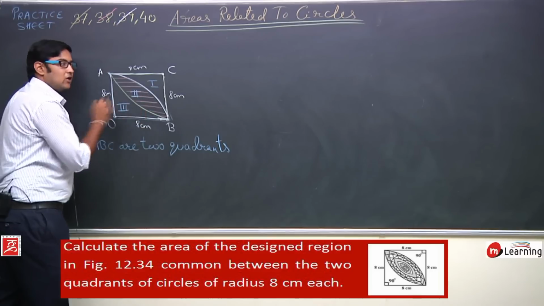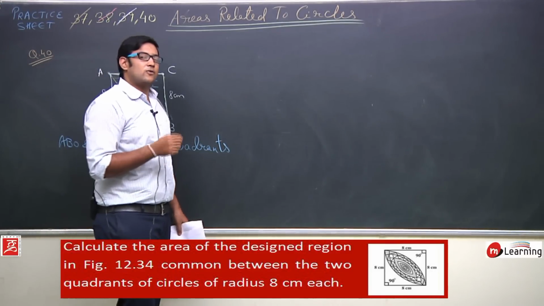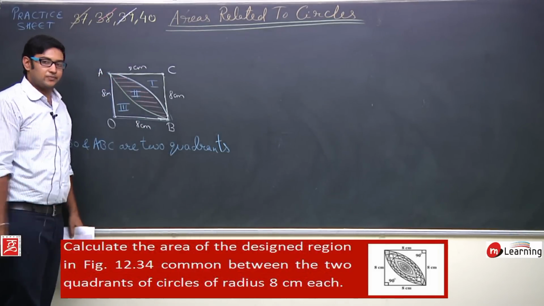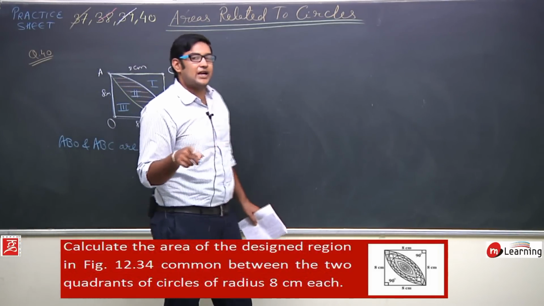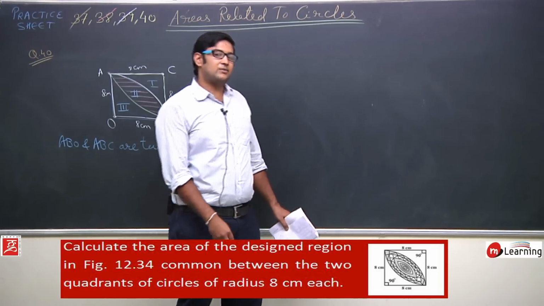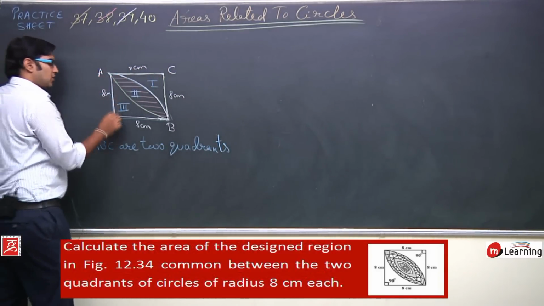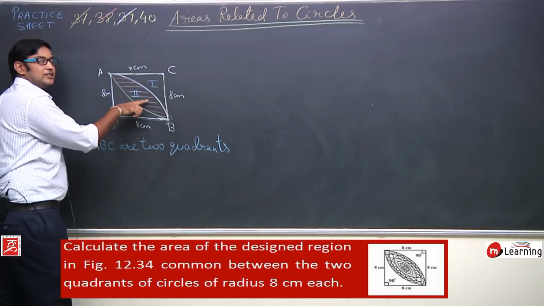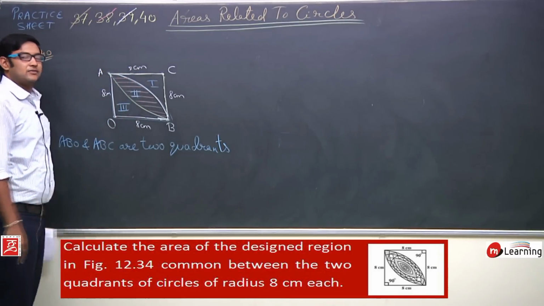Now from that, can I determine the area of region 1? Yes. Why? Because AOBC is a square, and if I subtract the area of region 2 and region 3 from the square, I will get the area of region 1.